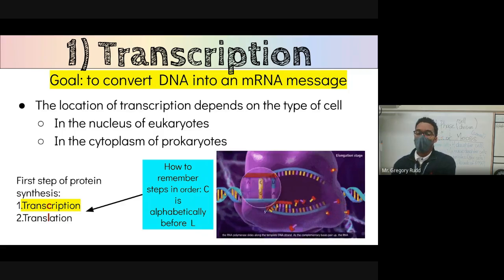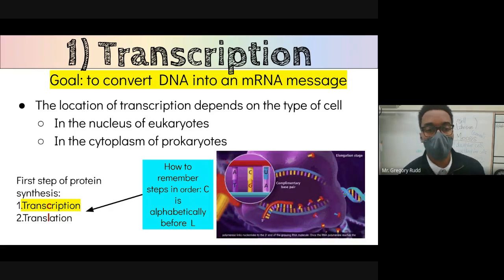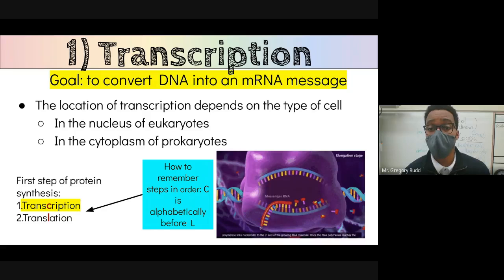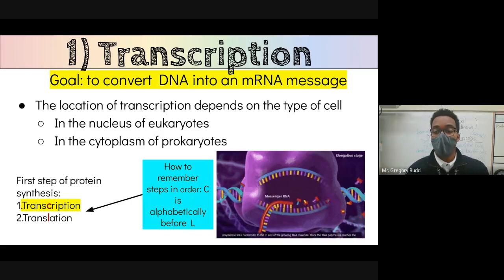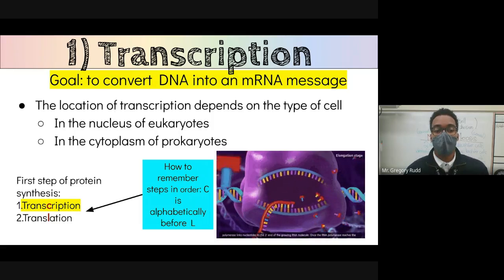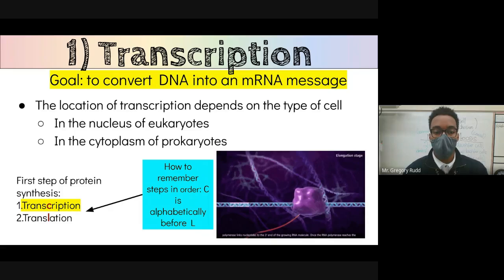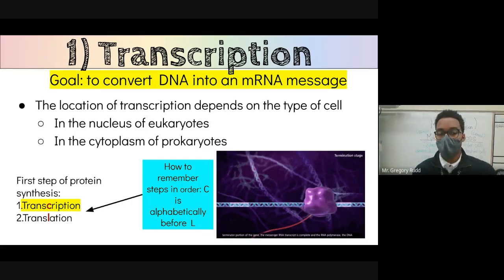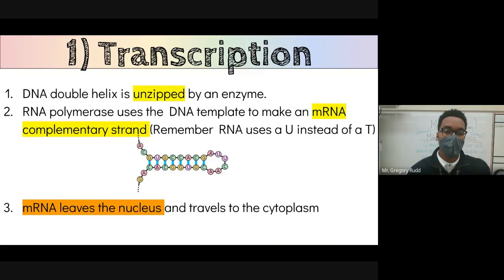We're going to talk more about the other process, translation, but we should always remember that transcription comes first. The way that we can remember this is that transcription is alphabetically first, because C is alphabetically before L. So transcription comes first.